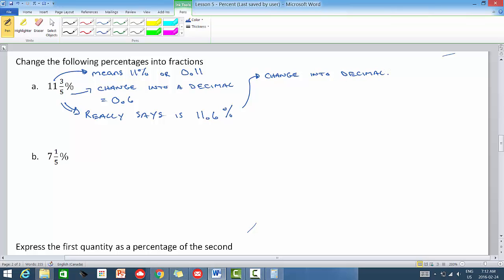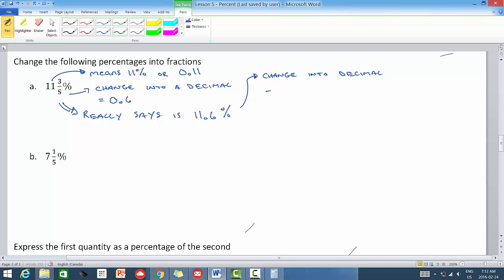Changing into a decimal, we're moving the decimal place 2 spots to the left. So that ends up being 0.116.